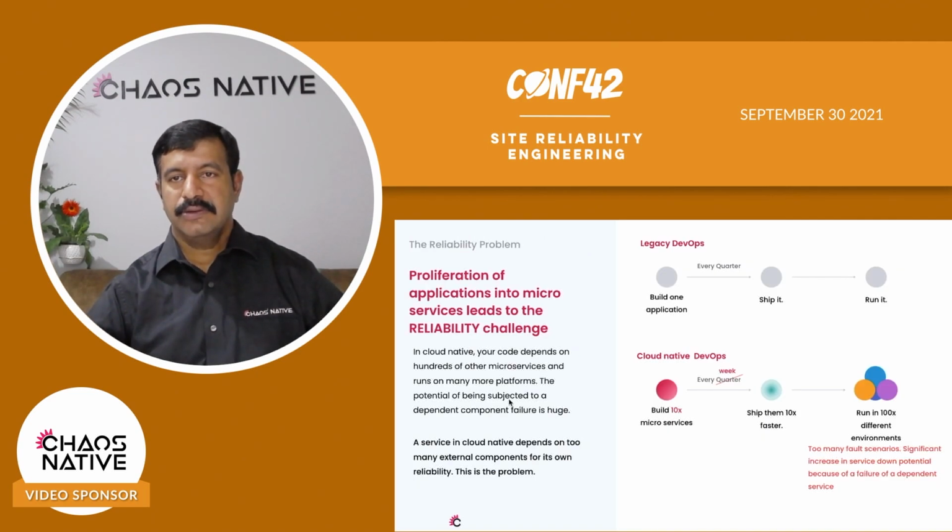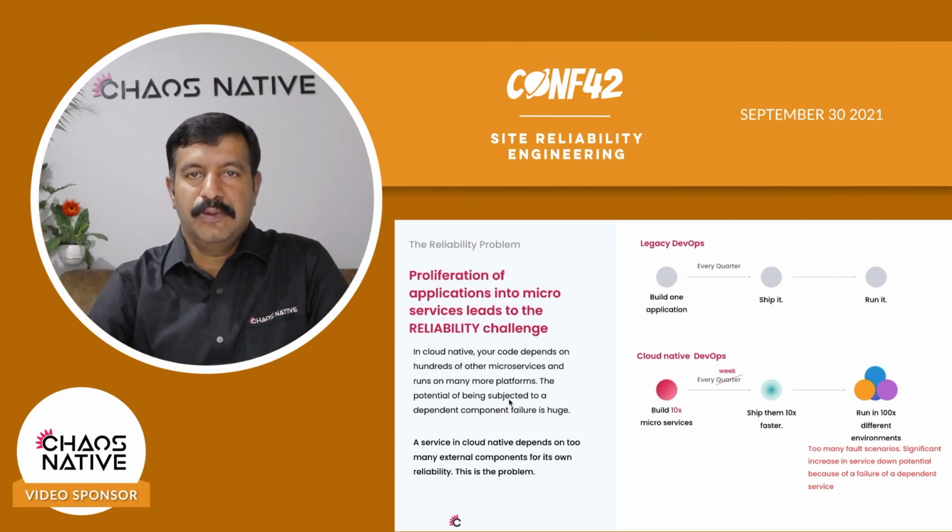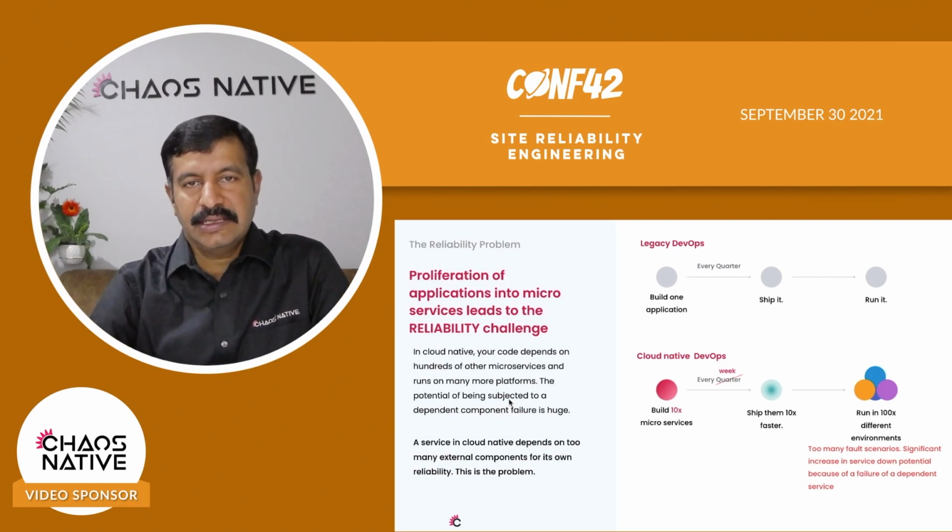And in the cloud native space, there is another reason why reliability is a bigger challenge. In traditional DevOps, you build and ship at a certain interval, and the same is being done much faster in cloud native space. You build fast, you ship fast. And also the number of microservices or application containers that you need to deal with has increased many-fold.